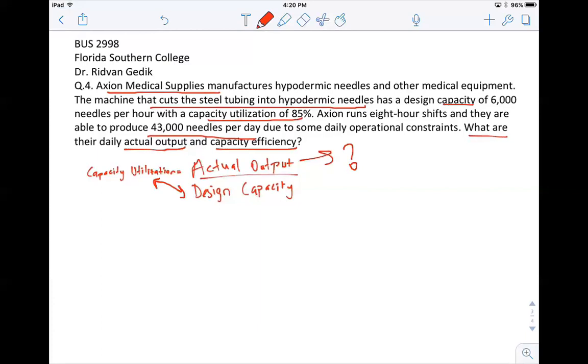If you carefully read the question one more time, the machine that cuts the steel tubing into hypodermic needles has a design capacity of 6,000 needles per hour with a capacity utilization of 85%. So we do know the capacity utilization is 85%, and the design capacity is 6,000. This is per hour, and they run 8-hour shifts per day.